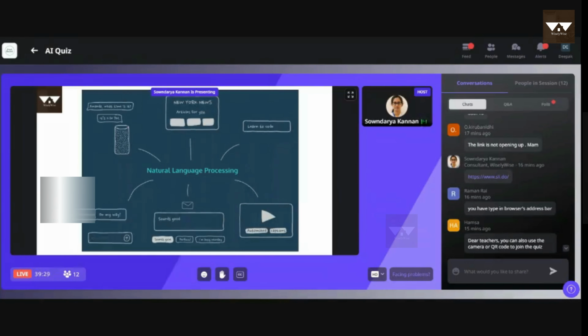So it's actually natural language processing, and there are 6 things which NLP can do. That's what is given in the picture. I think I've given enough time for you to read and observe from the picture. So we'll move on to the question.